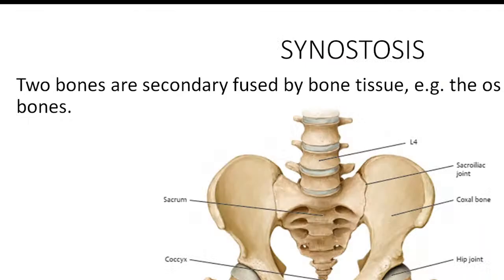Synostosis. Two or three bones are secondarily fused by bone tissue. For example, the os sacrum and the hip bones.